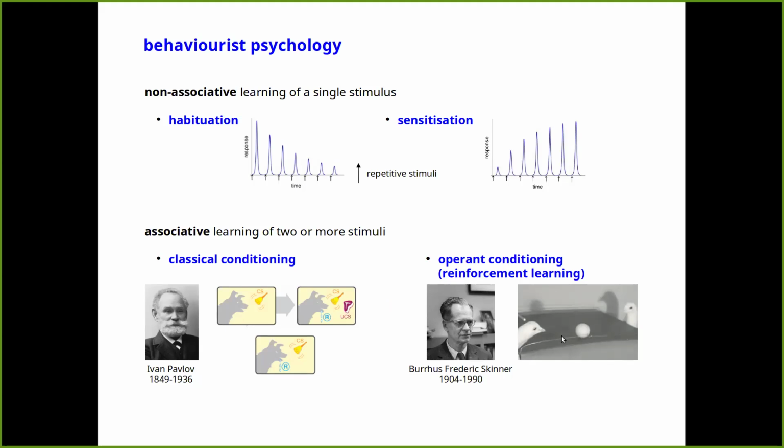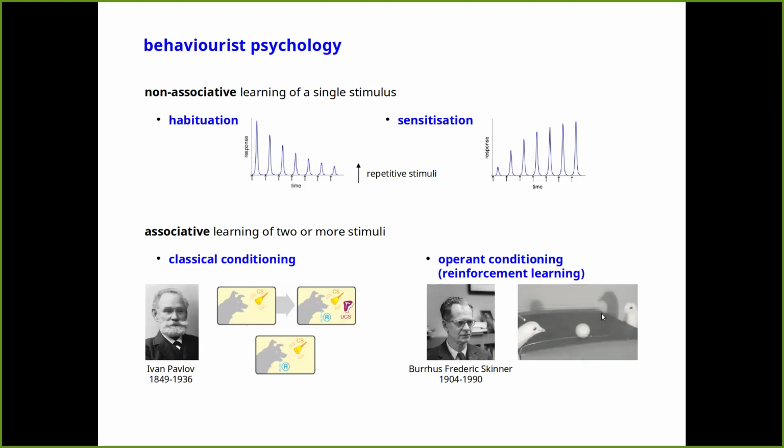If you do a YouTube search for Skinner's pigeons, so Skinner was the person who really introduced this mode of learning into behaviorism, he has some amazing work on training of animals using operant conditioning. And if you put Skinner's pigeons into YouTube, you'll see videos of Skinner's pigeons playing ping pong.